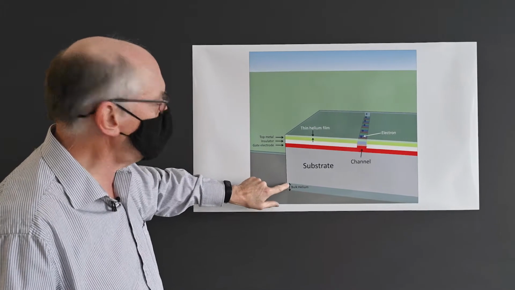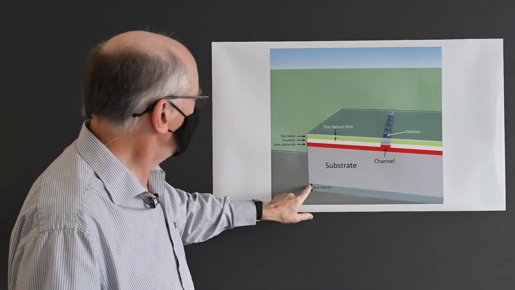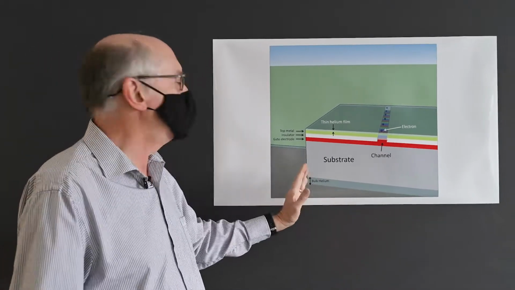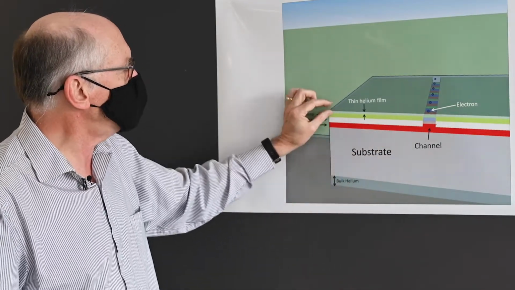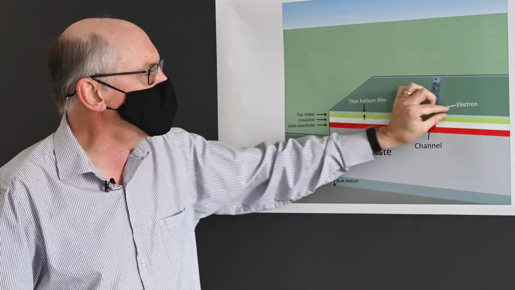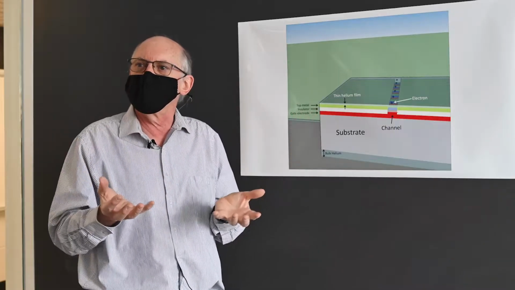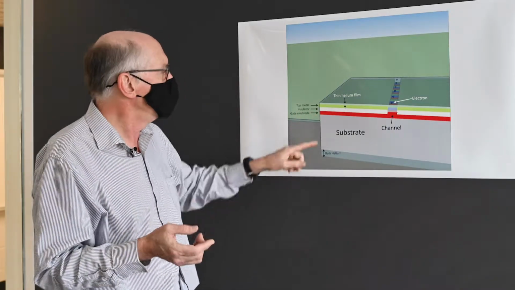And we have some bulk helium down here. And because helium is a superfluid, the surface tension causes it to wick up, and you get a thin helium film across everything. In fact, everything in there will be coated with a helium film.